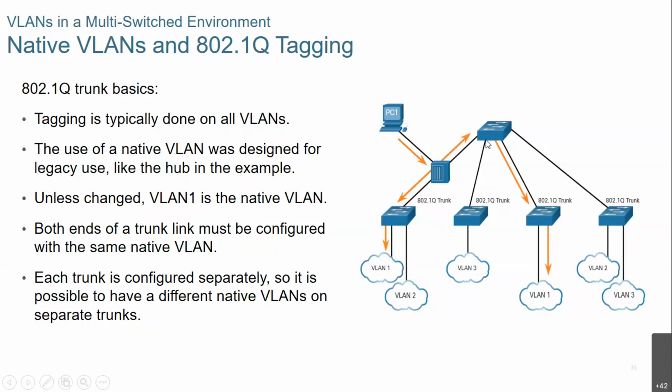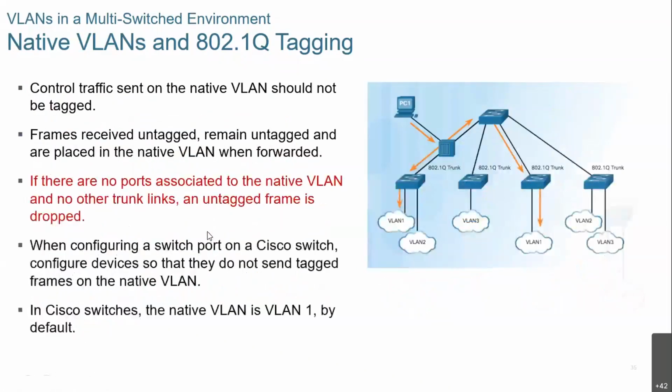If you configure it not in parallel, in the sense that this end is configured with native VLAN 99 and the other end with native VLAN 100, then you would have a connectivity problem. Each trunk is configured separately, so it is possible to have different native VLANs. So you, the network manager who is configuring the trunk and the VLANs, must be aware of what you are doing.